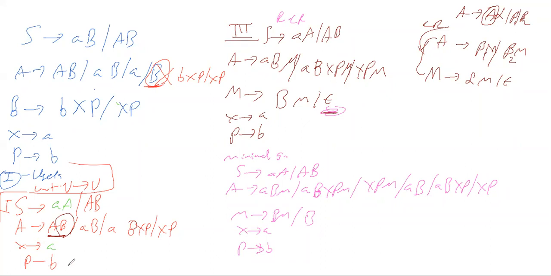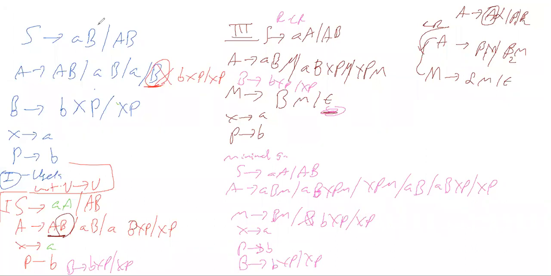I forgot to write one thing there. So B implies B XP slash XP. Okay. To remove this unit production, we'll replace B with BXP slash XP.